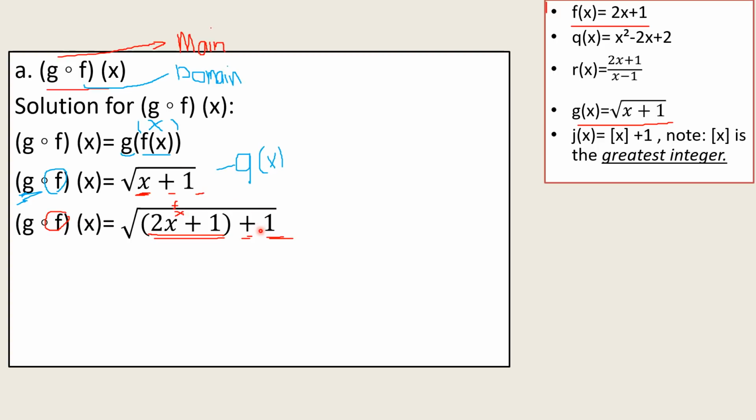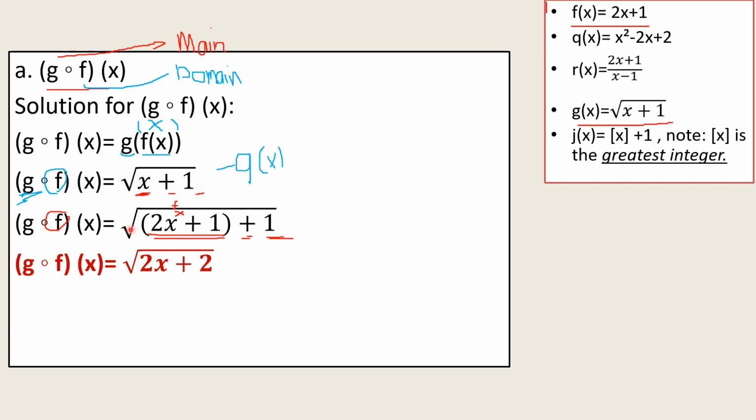O, after nating ma-substitute, mapalitan yung x, that's the time na isi-simplify na natin. So, the composite functions or composition of functions g and f of x is equal to what? So, si 2x, mareretain lang yan. Ang pwede lang ma-add dito would be 1 at saka si 1. Therefore, the final answer would be the square root.